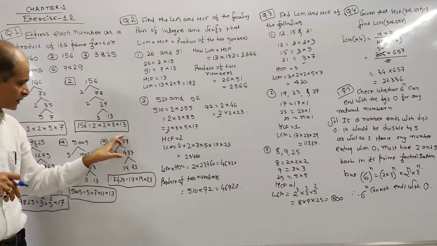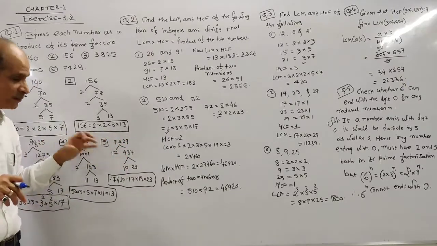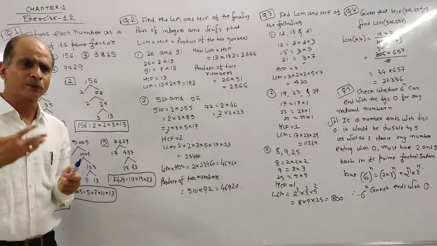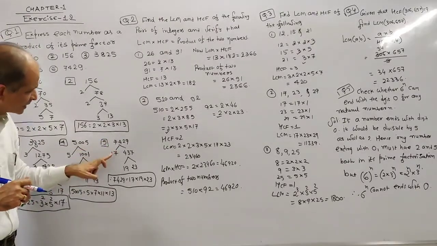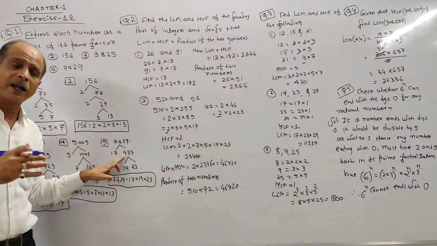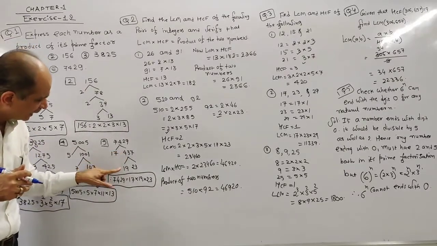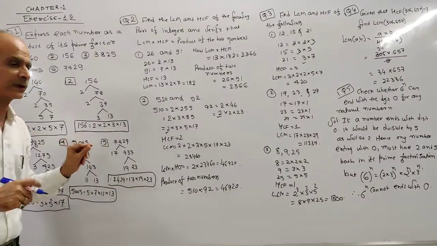The difference between the sums of odd-place and even-place digits is not 0, so it is not divisible by 11. Then you have to divide by 13. Then progressively you have to divide by 17. When you divide this by 17, you will get 437. Again you have to try the same procedure. This is divisible by 19, you get 23. So your factors are 17 into 19 into 23.